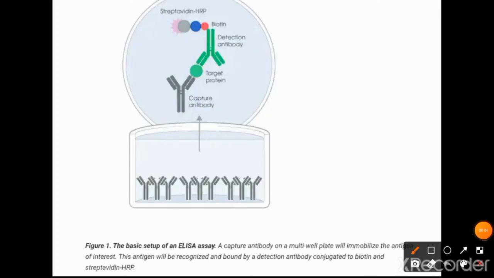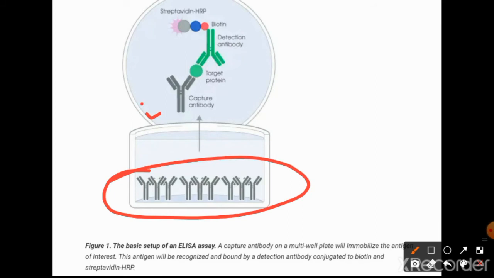Before understanding this process and its types and applications, we need to understand the basic principle on which this ELISA method is based. In an ELISA assay, antigen is immobilized to a solid surface. This is done either directly or via the use of a capture antibody. Here we can see this is our capture antibody, and this is our detection antibody and target protein.